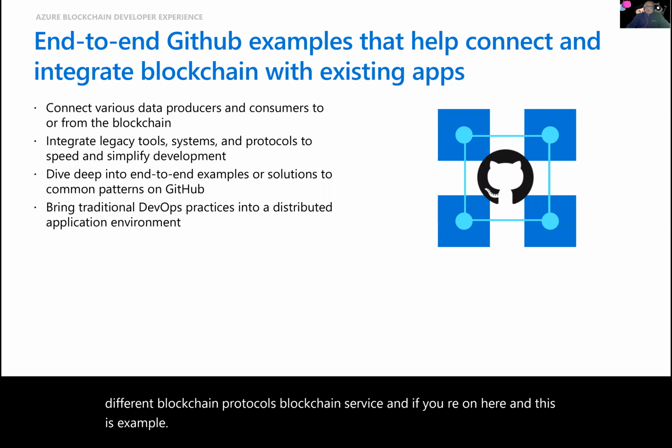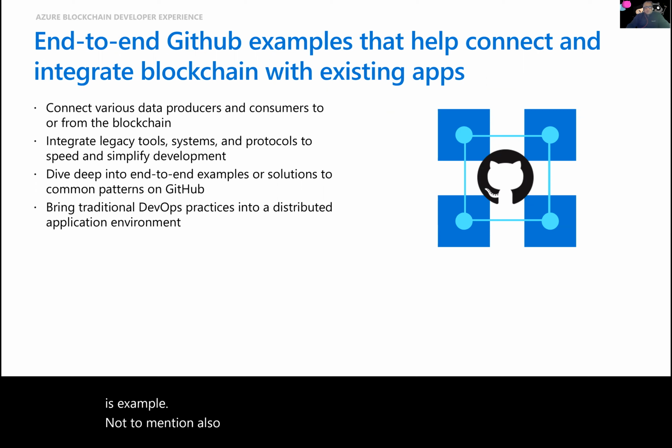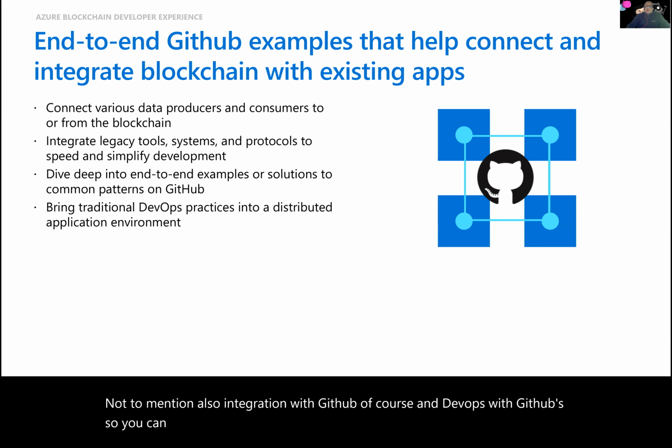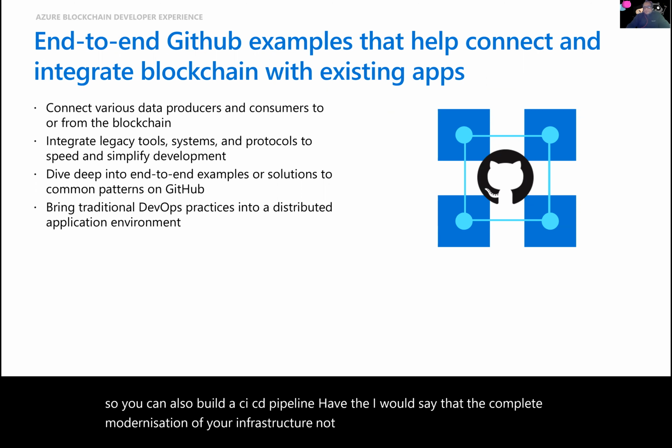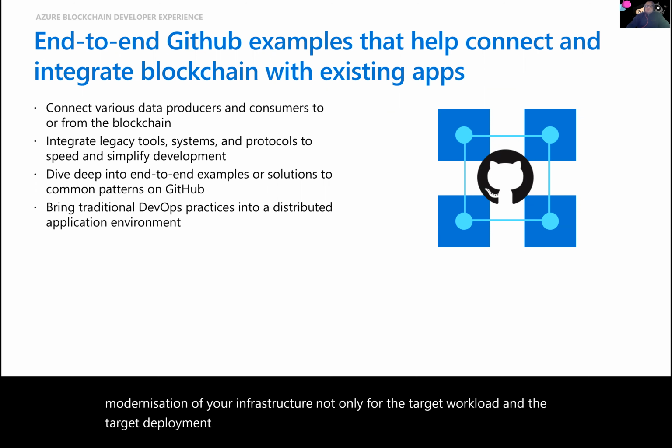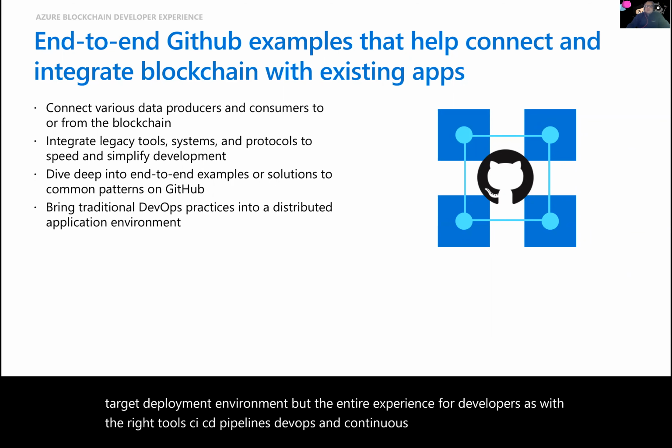Not to mention also integration with GitHub, of course, and DevOps with GitHub, so you can also build a CI/CD pipeline, have, I would say, the complete modernization of your infrastructure, not only for the target workload and the target deployment environment, but the entire experience for developers as well, with the right tools, CI/CD pipelines, DevOps, and continuous integration deliveries with quality and so on.